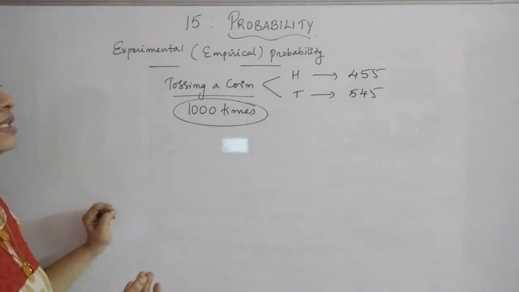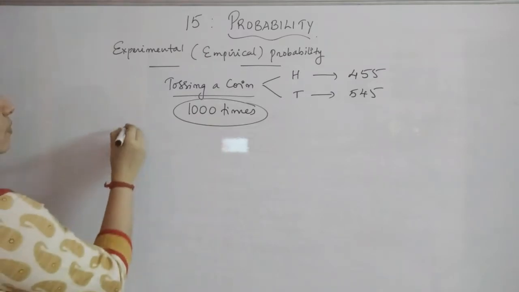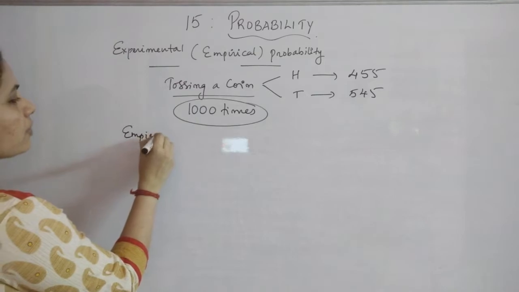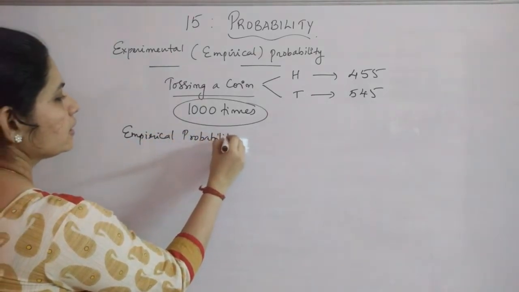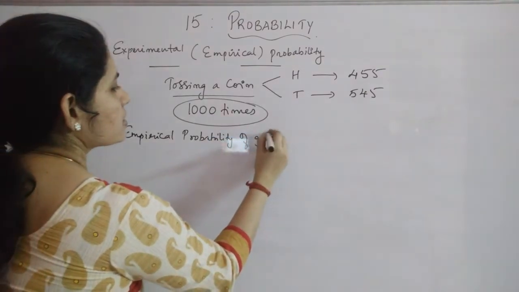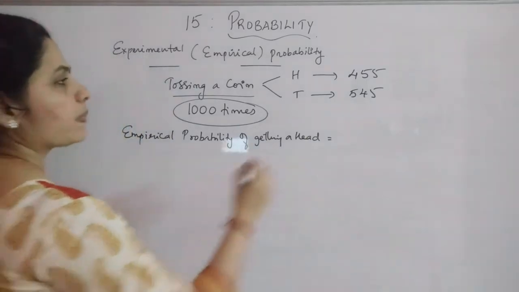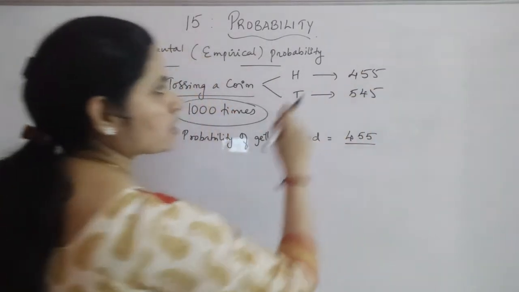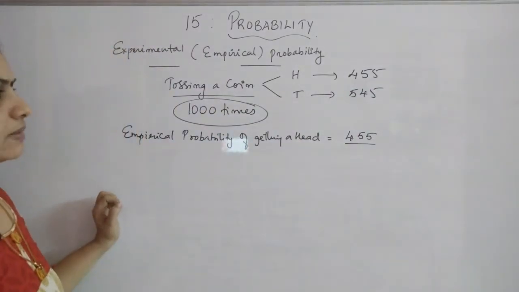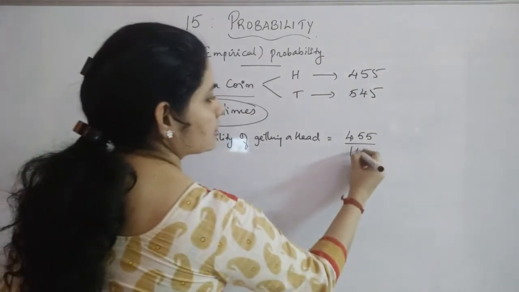Now how will we find the probability? What is the empirical or experimental probability of getting a head? It will be the total frequency, that is the occurrence of the head in the experiment, divided by how many times you have done it, that is divided by 1000.